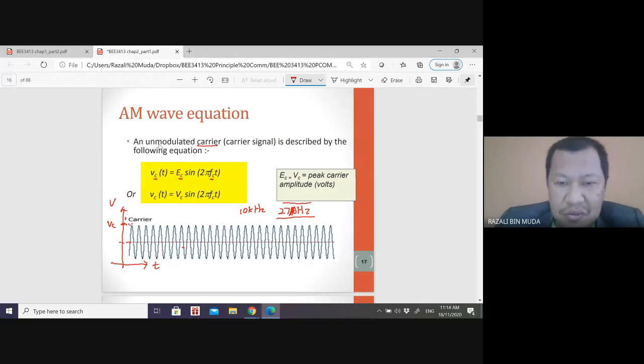So very high frequency. So you should be able to remember this equation. Atas dengan bawah sama. So the difference is only this, VC or EC. So in electrical, you might have the voltage represented in terms of E or V, right? So E is EMF, V is voltage. It's the same.